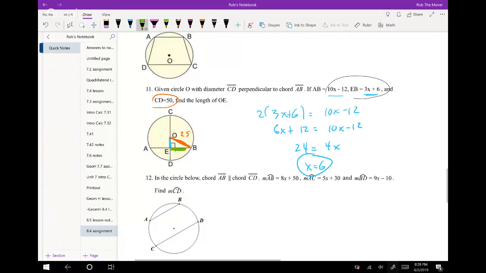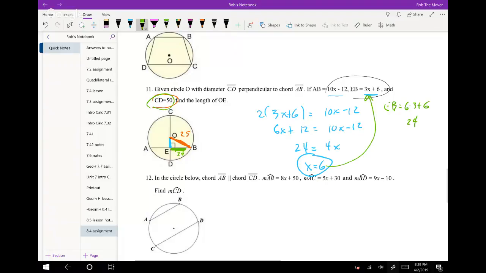So look at my green, blue, and red sides. I know the green side, the red side is a radius, so it's 25 based on this. I just found x. If I plug that in, I can find EB. EB is 6 times 3 plus 6, which is 4 times 6, which is 24. It's 24 right there.